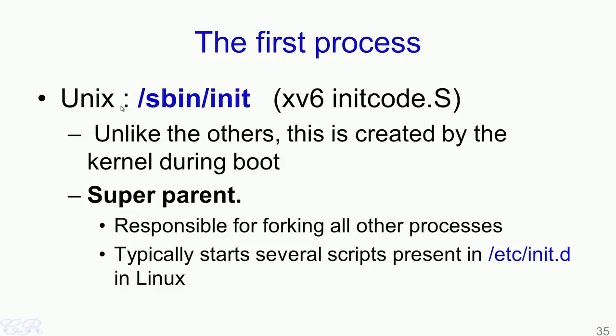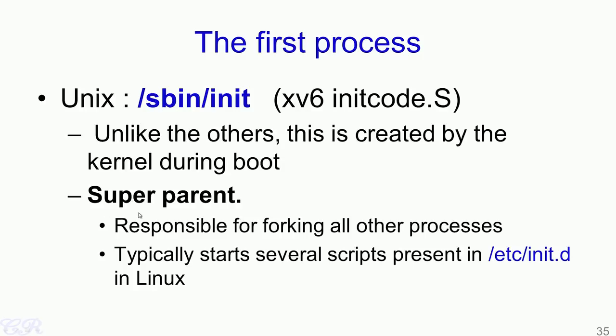In Unix operating systems, the first process is present in /sbin/init. So, when you turn on your system and the operating system starts to boot, it initializes various components in your system and finally it creates this first user process which is executed.